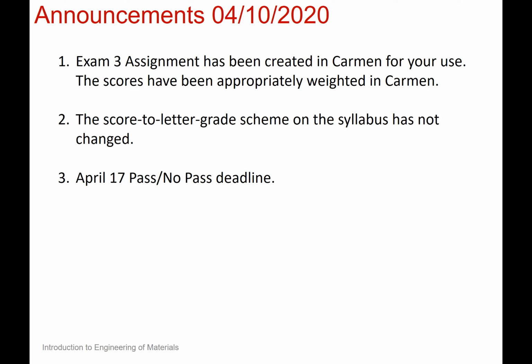Once again, the April 17th Pass No Pass deadline is approaching, and I mentioned this in the previous recent lectures because we've received some questions about it. While we can discuss strategies about approaching this class and using the different resources that are available through Carmen, office hours, recitation, things like that, we can't specifically comment on any decisions regarding your major.